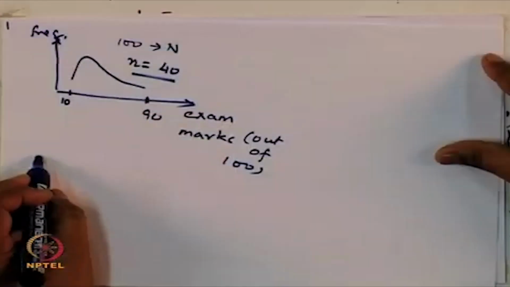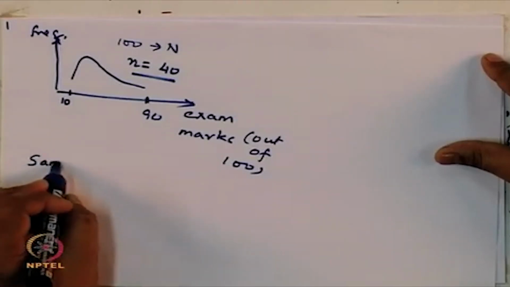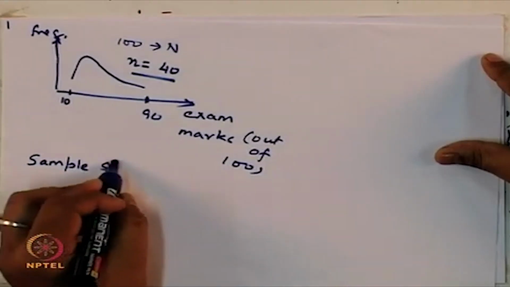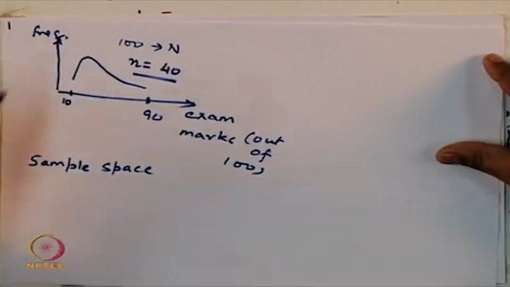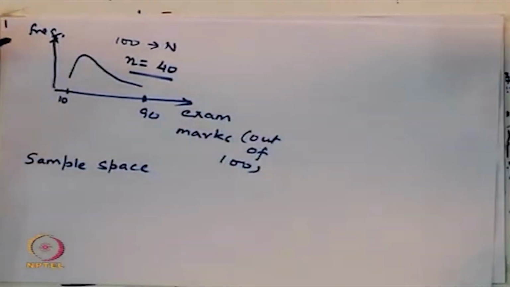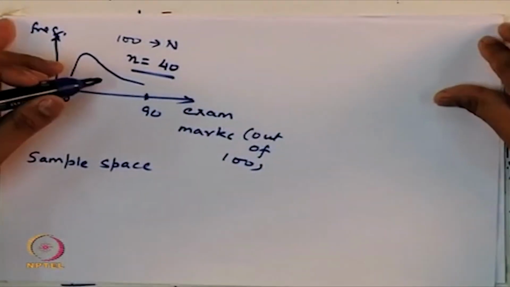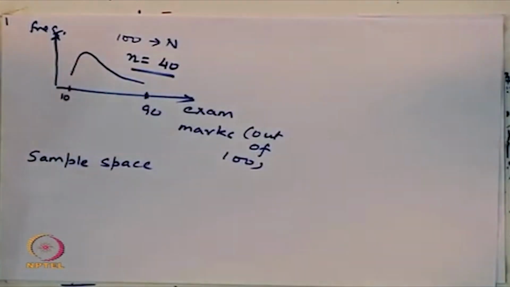So, when we come to probability, we begin by definition of few terms. One is, what is my sample space. When you toss a coin, let us say, there are 2 possibilities, or 2 outcomes possible. Either you have a head or you have a tail.